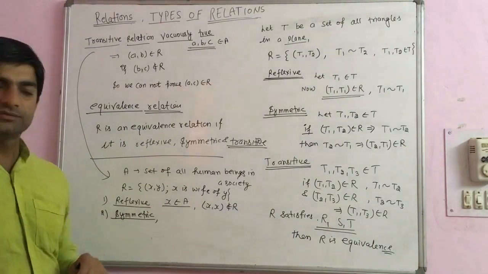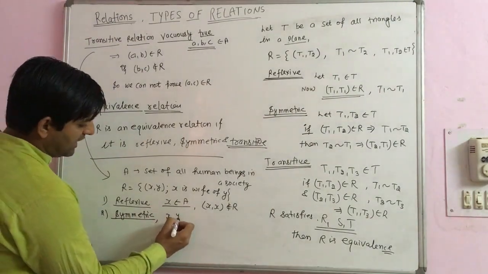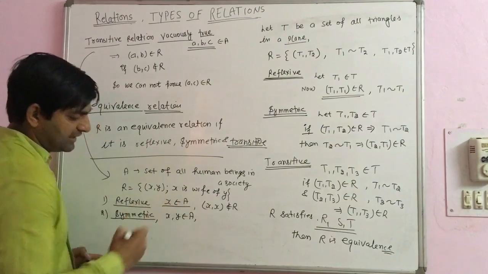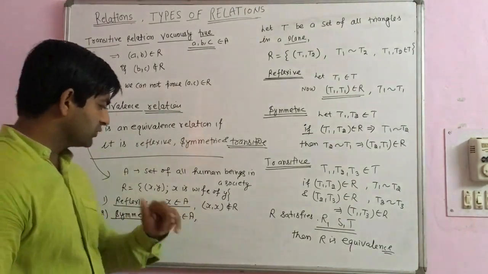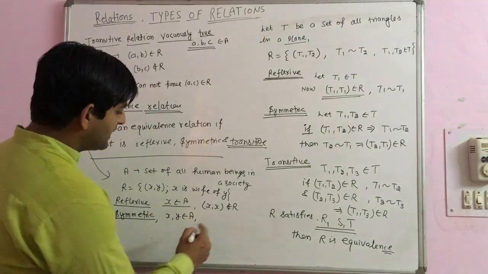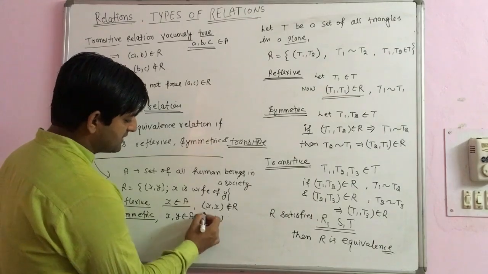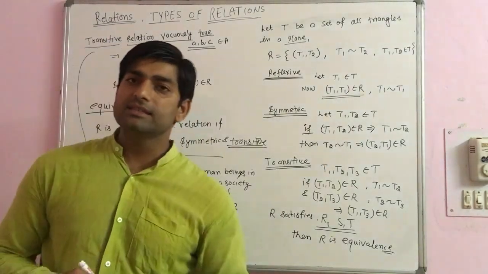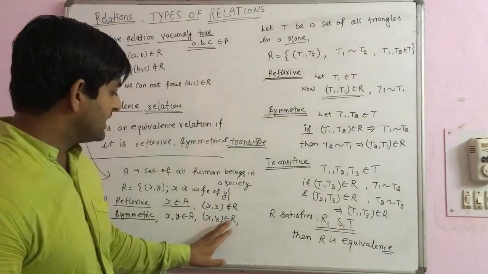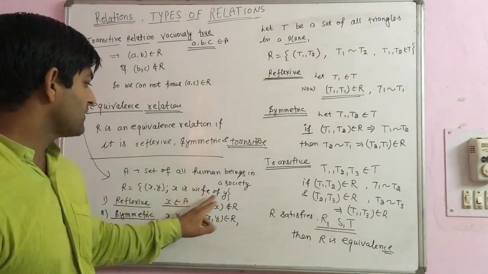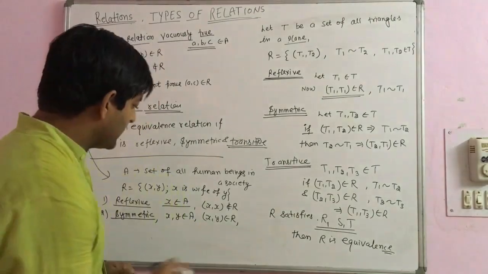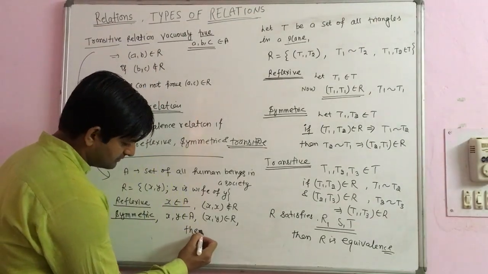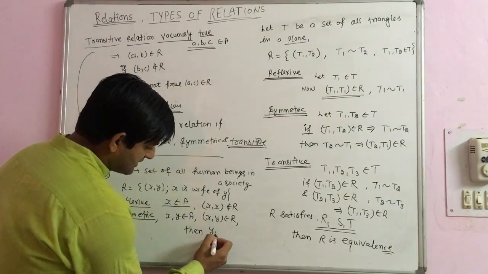Now for symmetric, x, y are two persons from the set A, and if I take (x, y) is in R, it means what? x is wife of y. Then (y, x)?